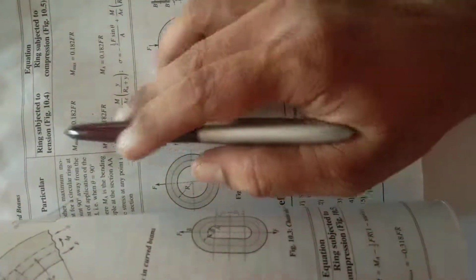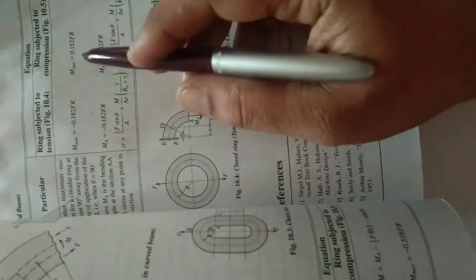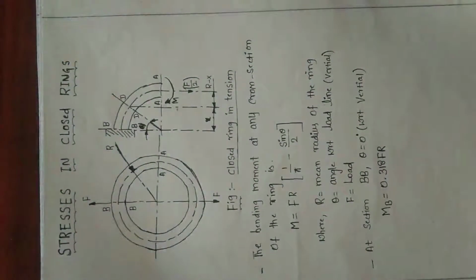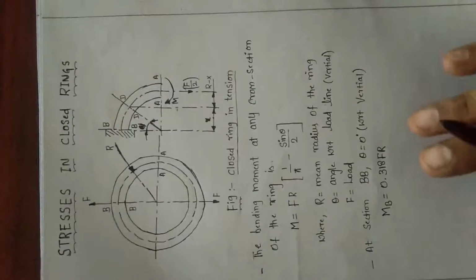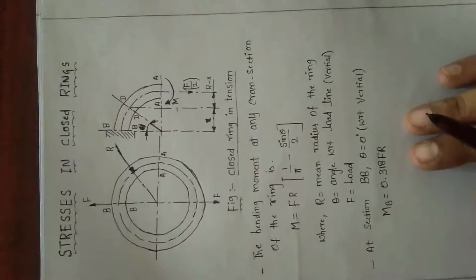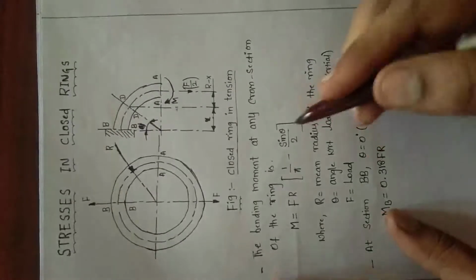Why is it so? When theta is 0, the first one is positive and the second is negative. When theta is 90 degrees, tension will be negative, compression will be positive. Fine. The same equations we are going to write now. So where do we get those equations?